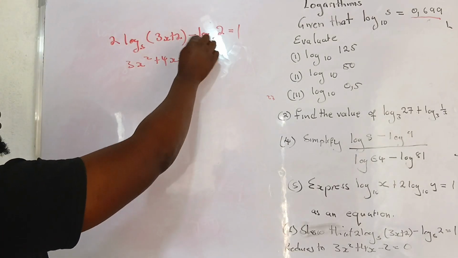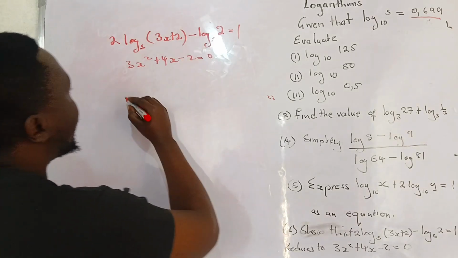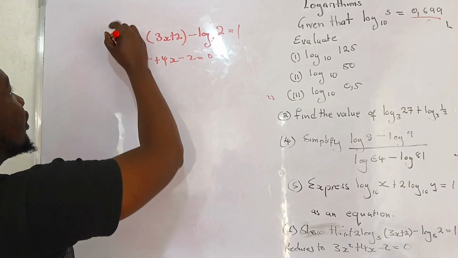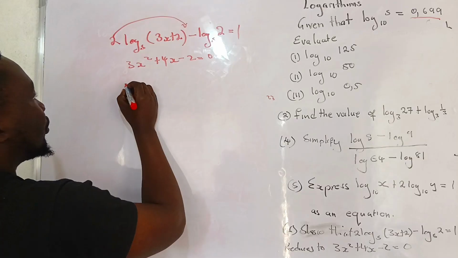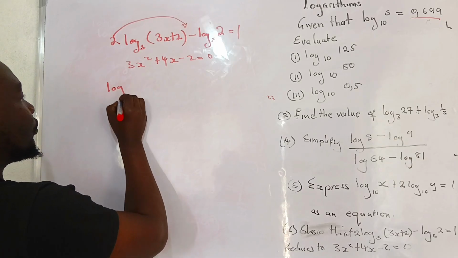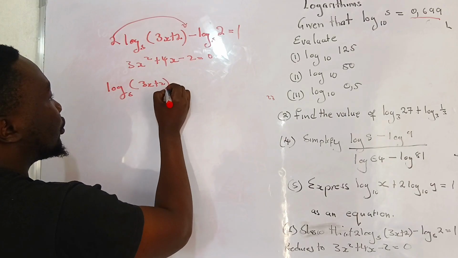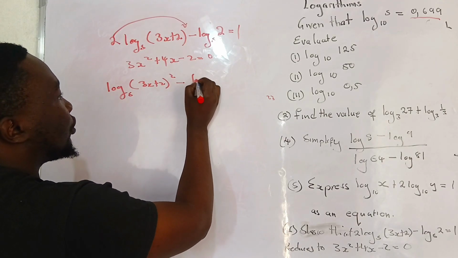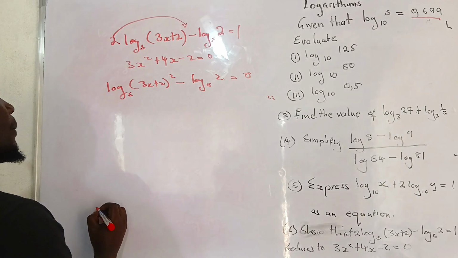So we have subtraction here, so we have the quotient rule. So let's move this power to here. Then we use the quotient rule. So log base 5 of (3x plus 2) squared minus log base 5 of 2 is equal to 1.